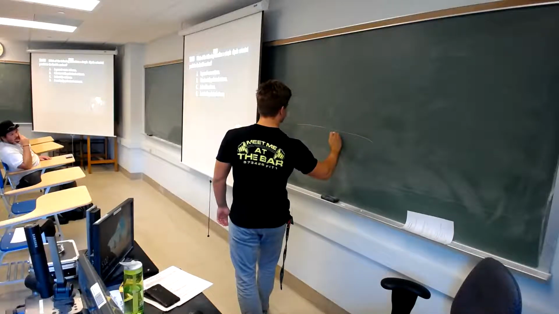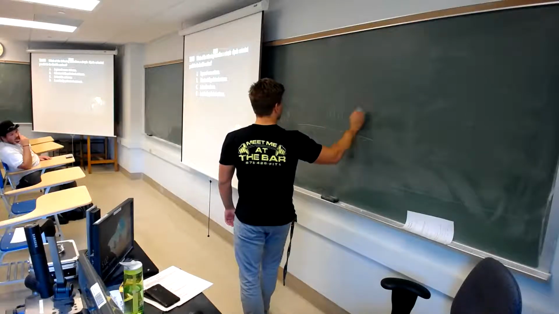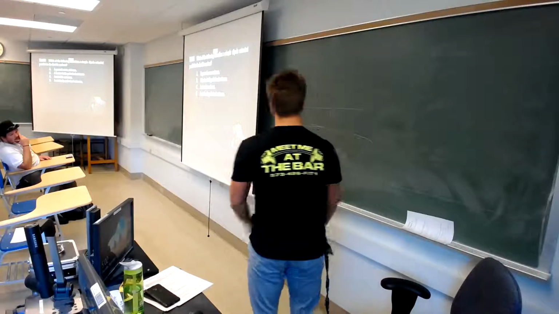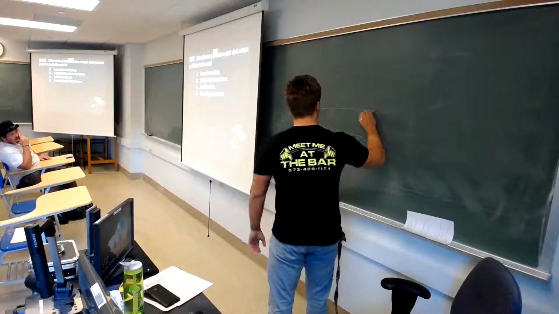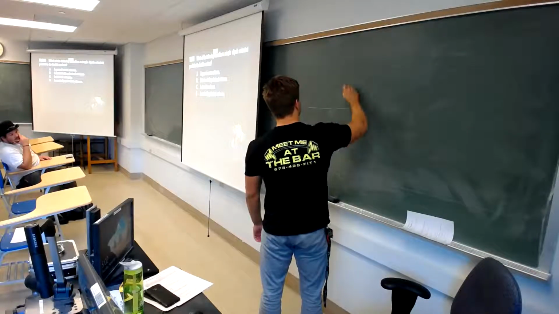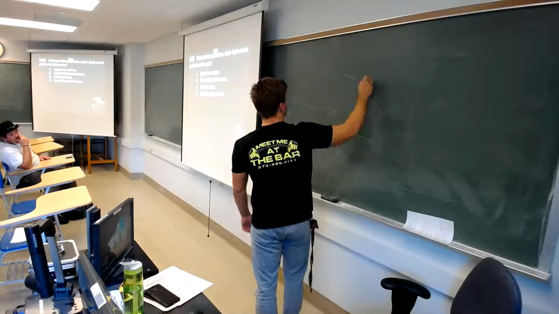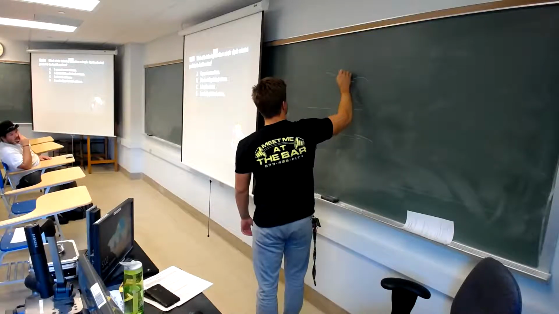This is the ground, and it's fed like this. So this is a dipole, horizontal to the ground, and this length here is lambda over 4, and this total length is lambda over 2.